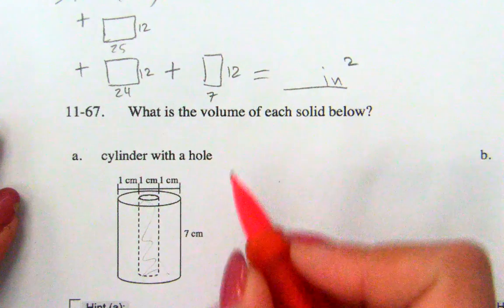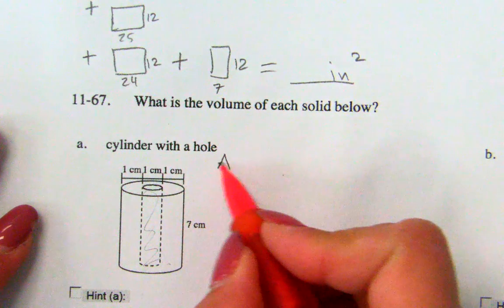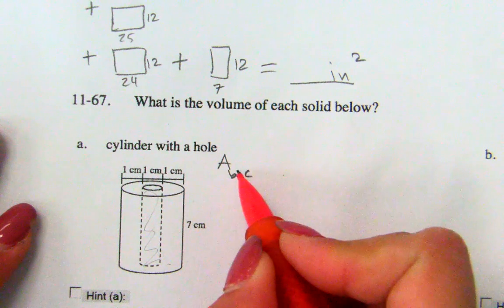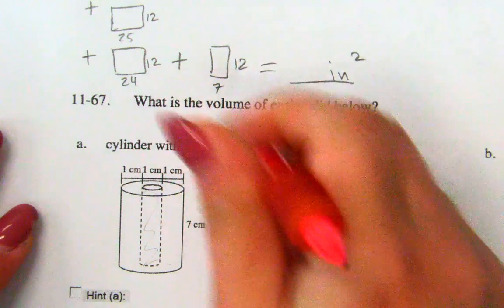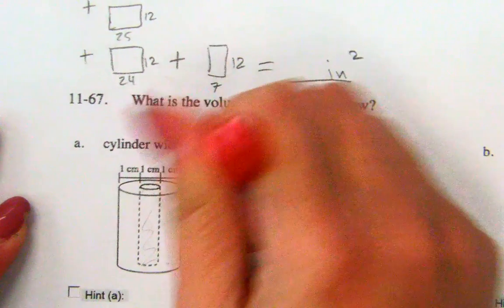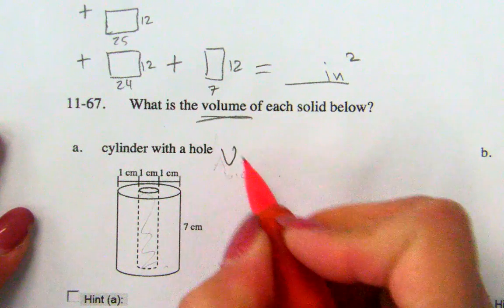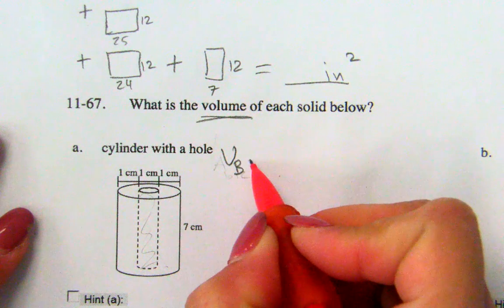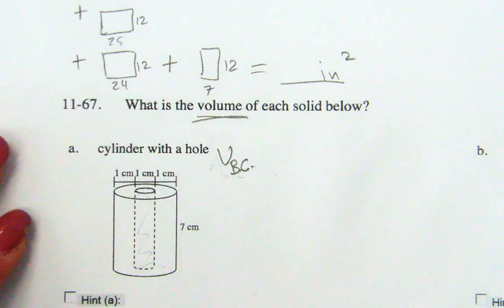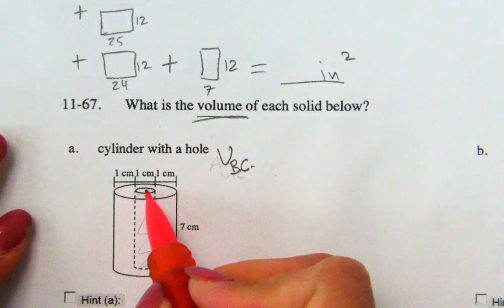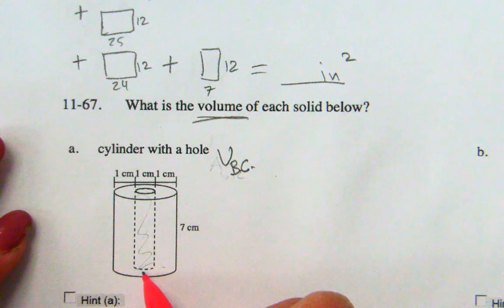So, let's see. Volume of the big cylinder. I'm just going to call it volume of the BC. So we have area of the base times the height.